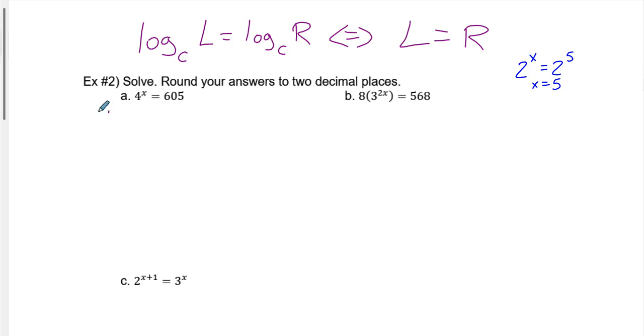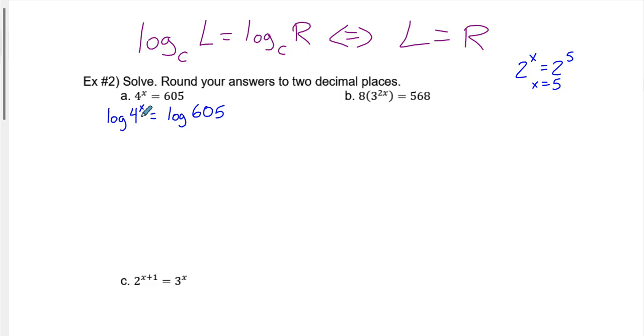And the idea behind it is when we have an exponential, if we take the logarithm of both sides, the logarithm of 4 to the x would still equal the logarithm of 605, because all we're doing is taking the log of both sides. So what's the benefit to this? Well, it's using our logarithmic laws to get rid of that exponent.